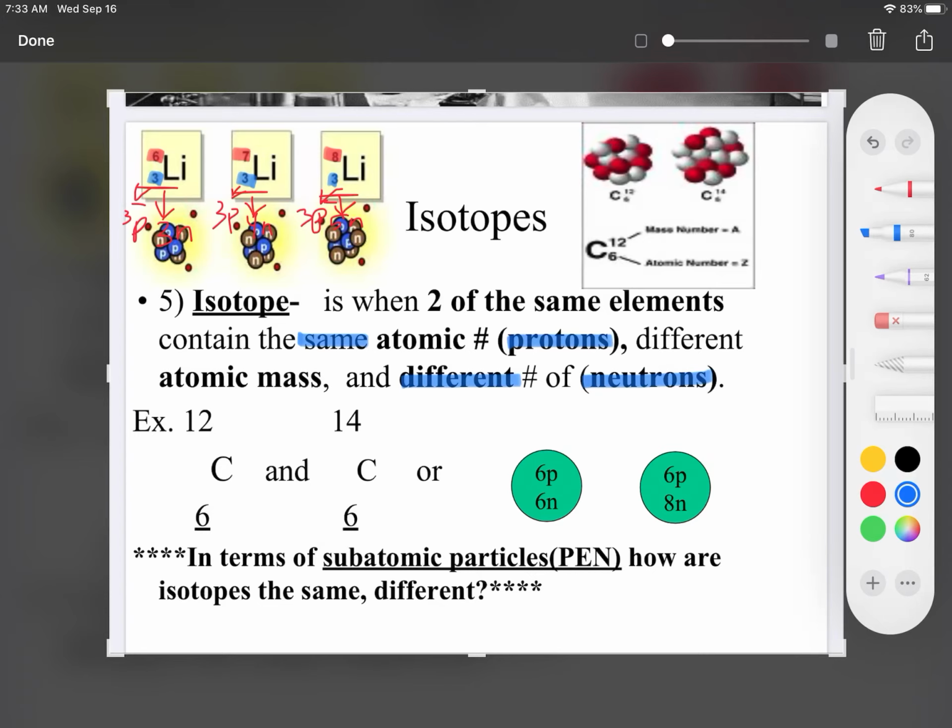So look at the question below. In terms of subatomic particles, PEN. How do we know isotopes are the same and different? Well, PEN is short for proton, electron, neutron. So what did we just say?